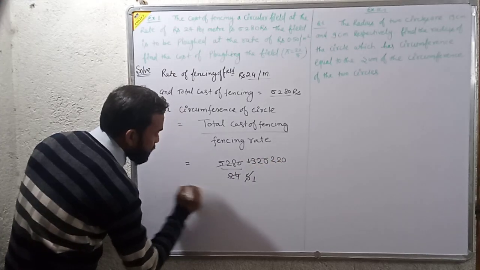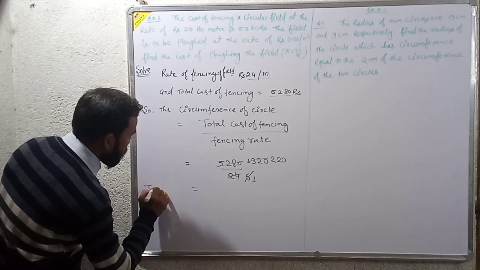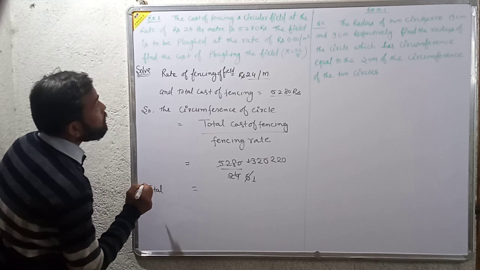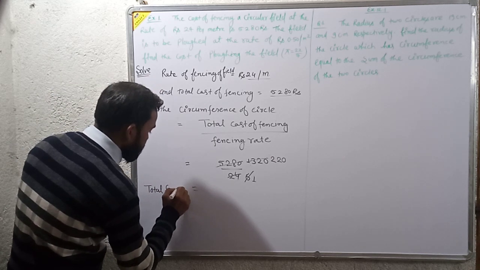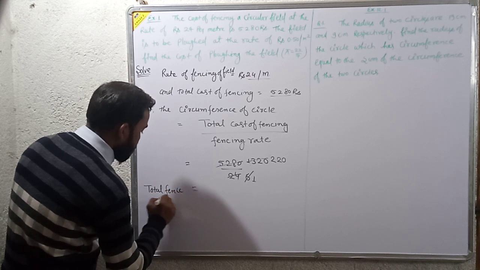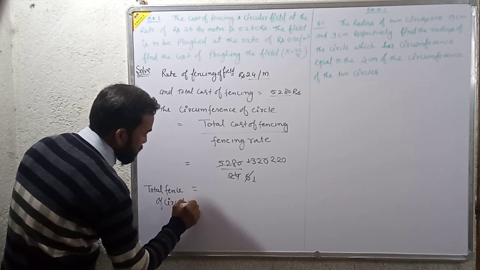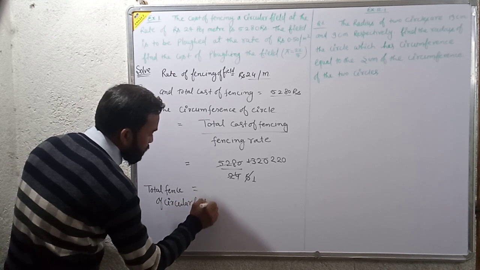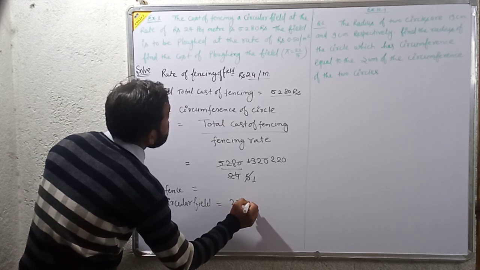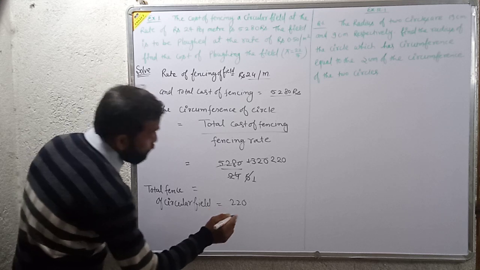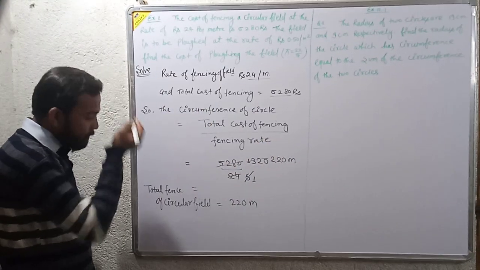So the circumference, the total fence of the circular field, is equal to 220 meter. This is meter. Clear?